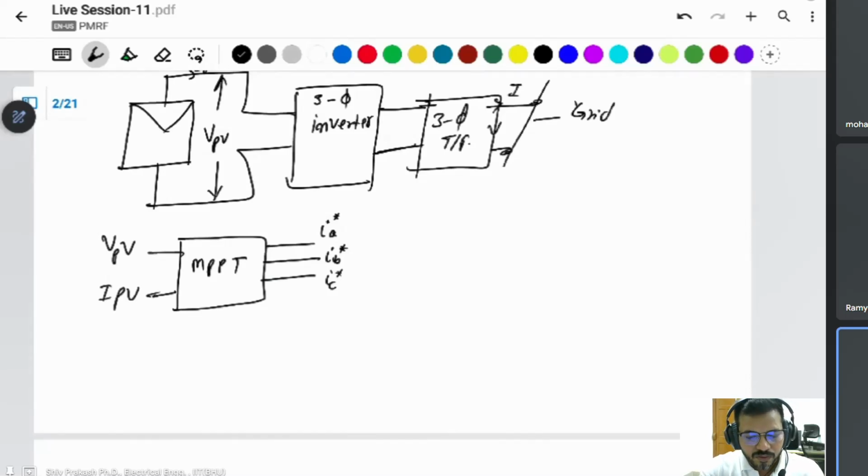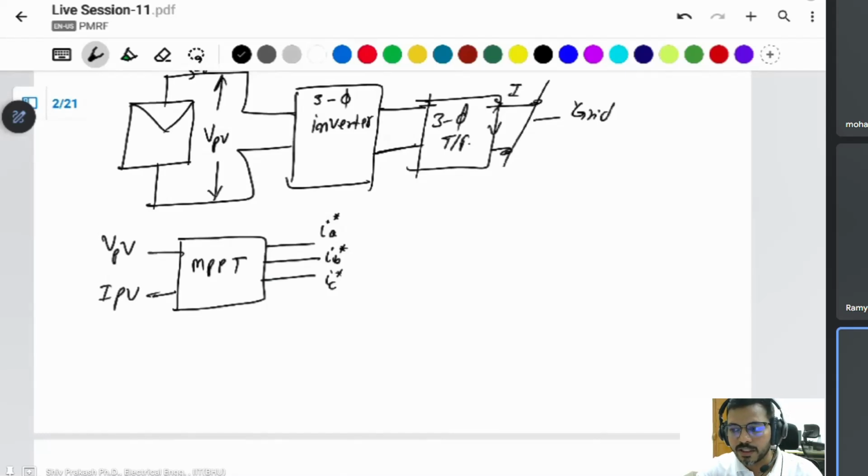Then you observe why there is a current only, why not a voltage, for a three-phase system or MPPT. You may think you have a requirement of voltage also. But you take the three-phase current from the MPPT because you have an infinite bus; the grid has an infinite bus, where the voltage is constant like a DC, sorry, like a battery.